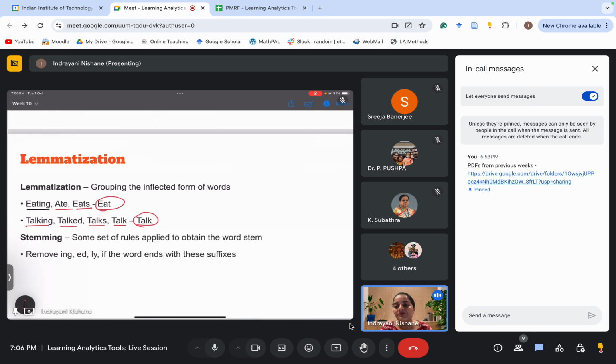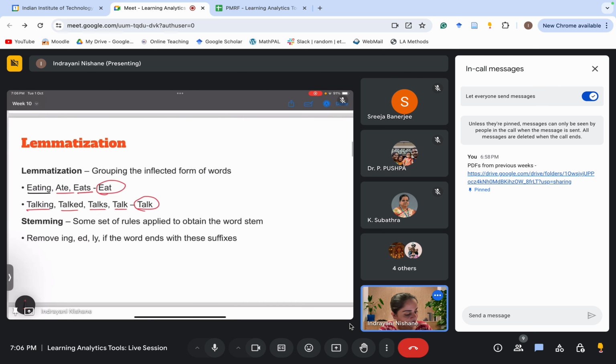Similarly, in stemming, the same set of rules are applied to form the word from which all the other words have stemmed. So eating will become eat, talked will become talk, and so on.